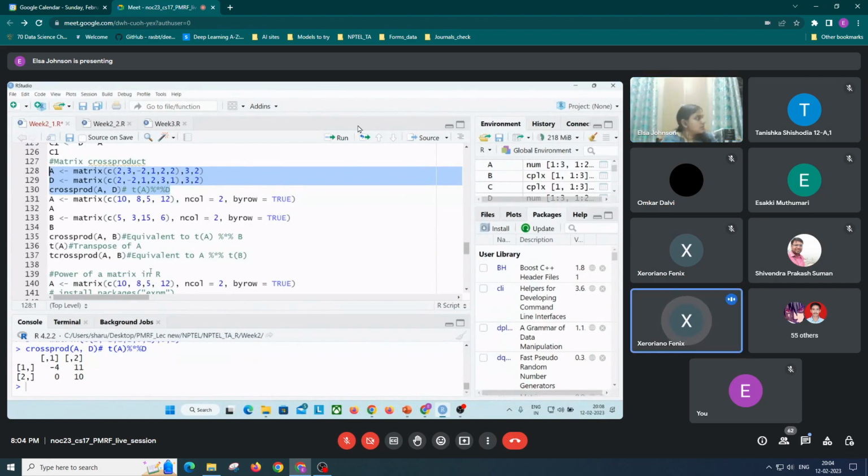He might be confused between the cross product and dot product. Okay, Soundarya, you can unmute yourself and ask.